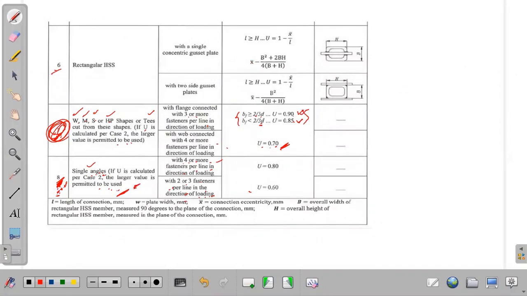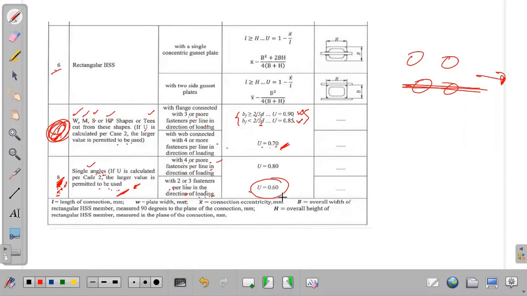Pagkatignan nyo itong case 8. Okay? And since there are two bolts in line of the direction of the load, ang magiging U natin is 0.6. Okay? So this will now be our value for our shear lag factor.